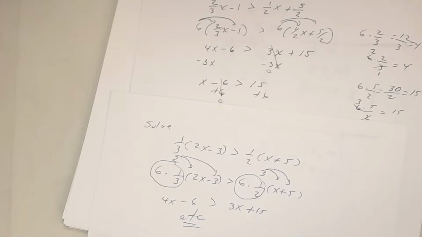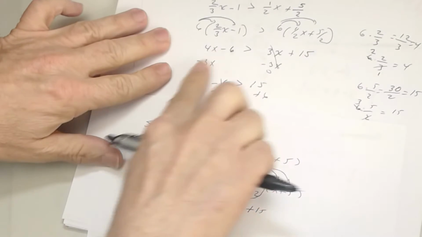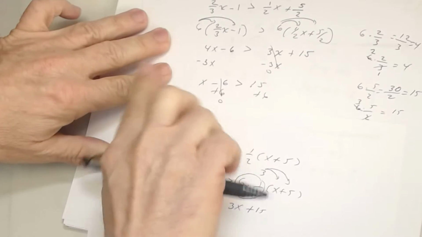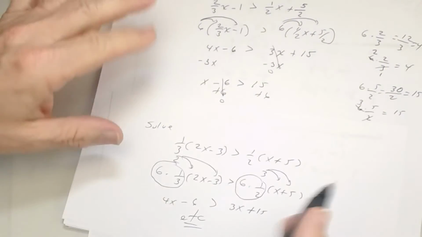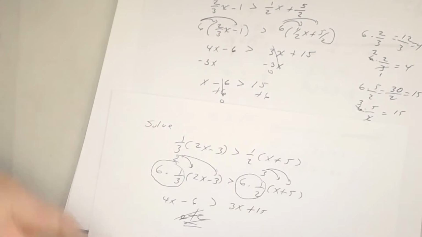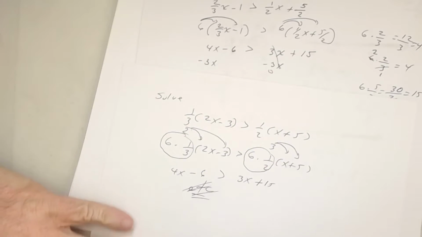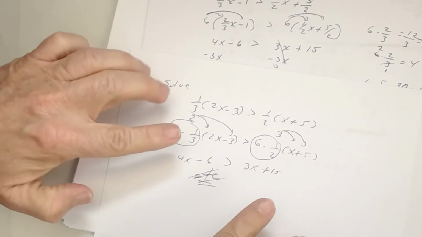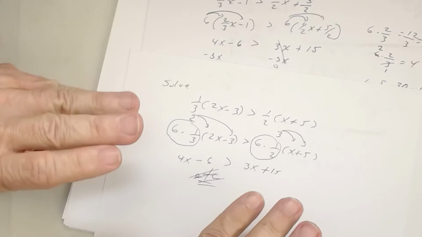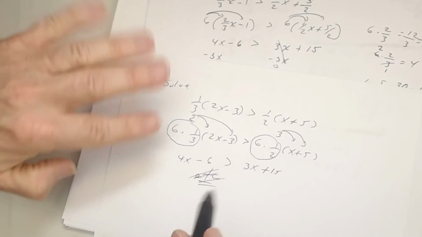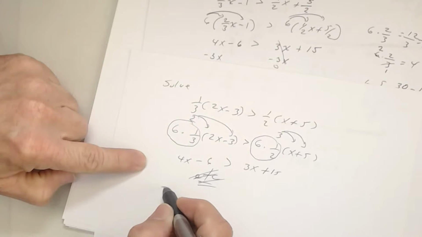Remember how we brought the variables to the left side? Let me bring the variables to the right side, just to show you what's going to happen. Normally, with inequalities, it's more helpful if you bring the variables to the left, but it does not matter. So I'm going to subtract 4x from both sides.